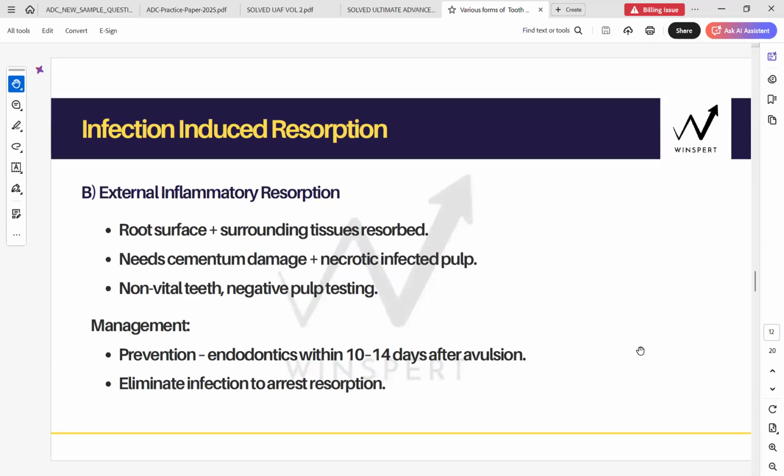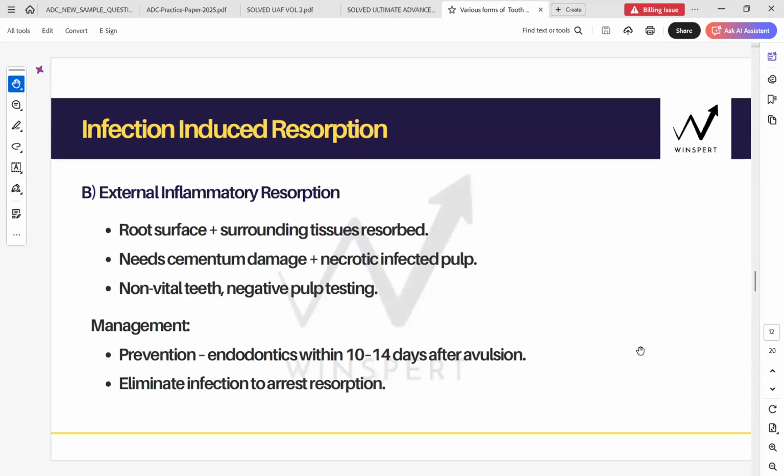Understood? So the most common clinical presentation of external inflammatory resorption will be associated with a traumatized tooth where the pulp became infected, not non-vital, Charmy. Not every non-vital pulp is infected, Charmy. Very slight nuance, but a very important difference.